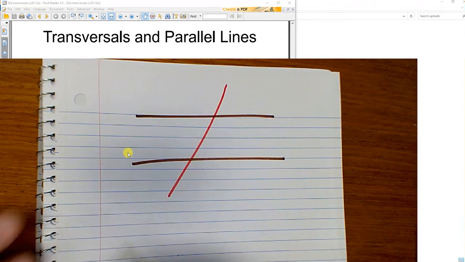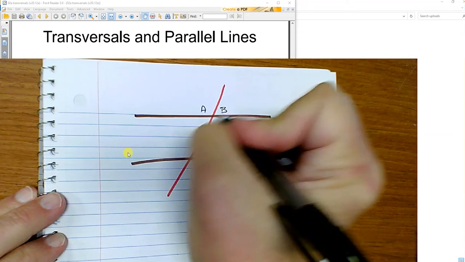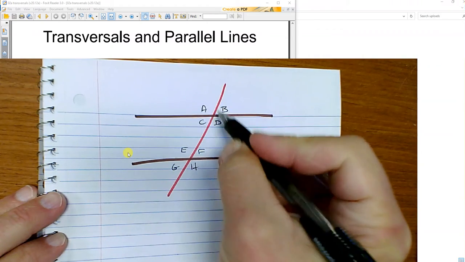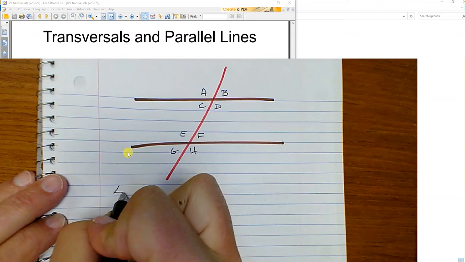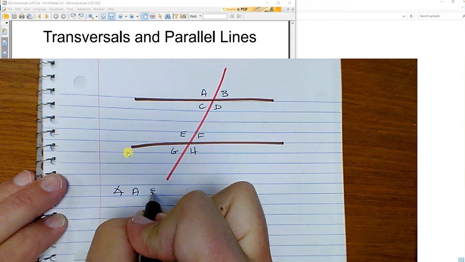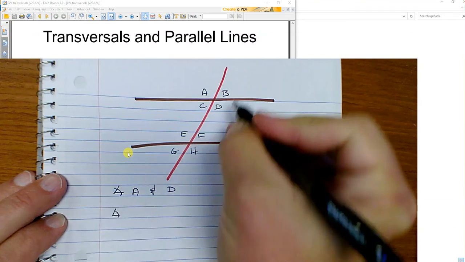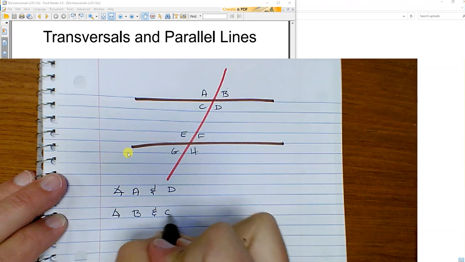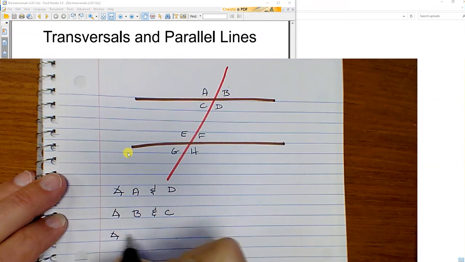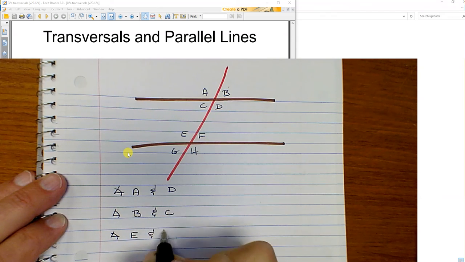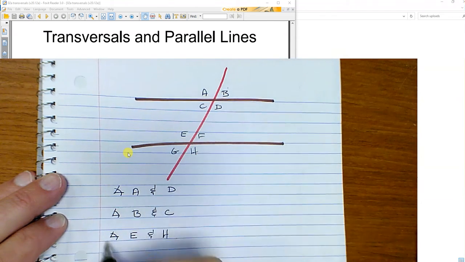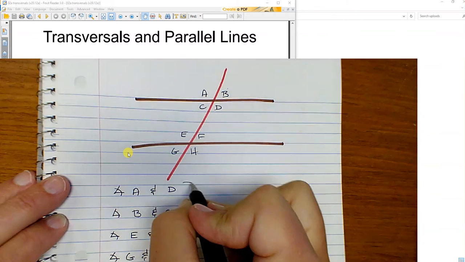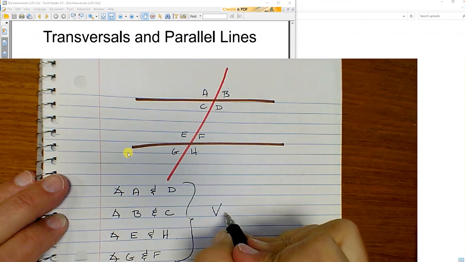But if we have A, B, C, D, E, F, G, H: A and D, B and C, E and H, G and F, those are all vertical angles.